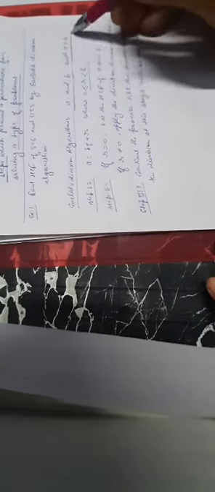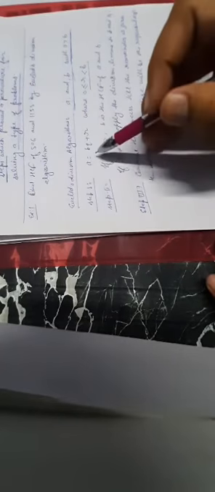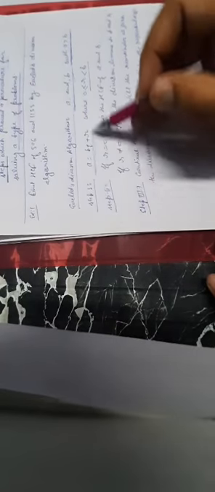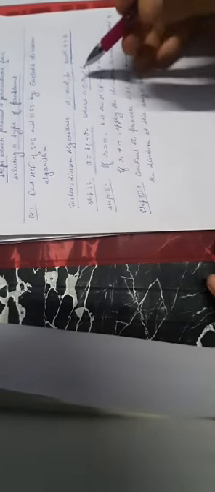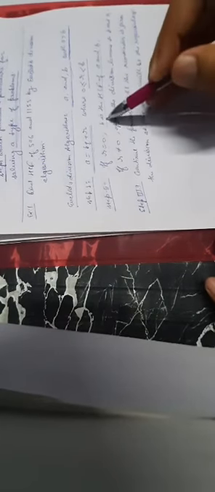Suppose we take two integers a and b, where a is greater than b. Step 1, using the Euclid division lemma, a is equal to bq plus r, where r is greater than or equal to 0 and smaller than b. Step 2, if r is equal to 0, then b is the HCF of a and b.